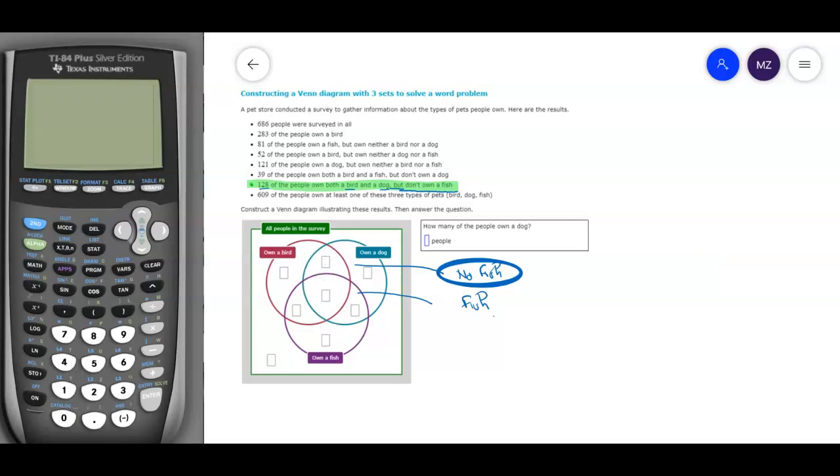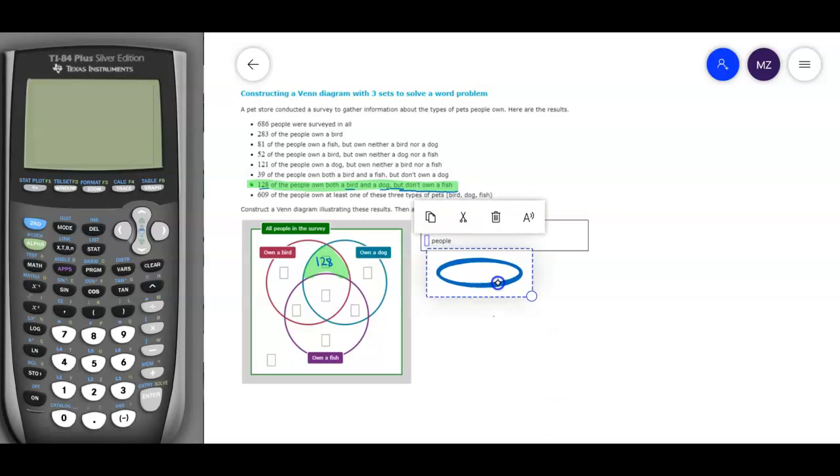This subgroup is going to be just this one. That's this part. So we can put 128 over here. They are talking only about this part here, 128. I hope this is clear. So we can proceed with the second sentence as well.